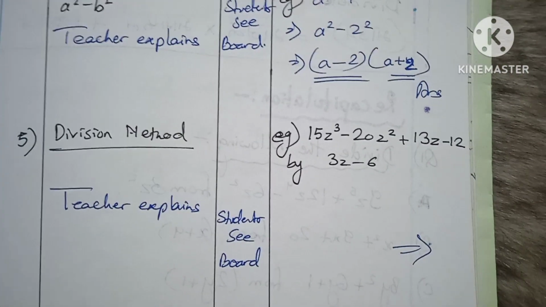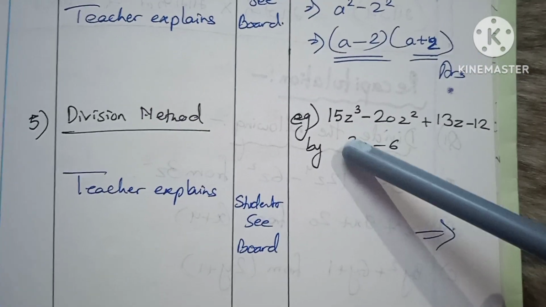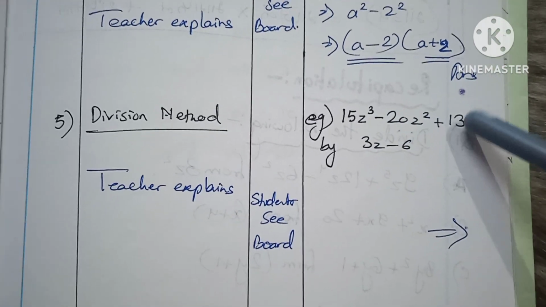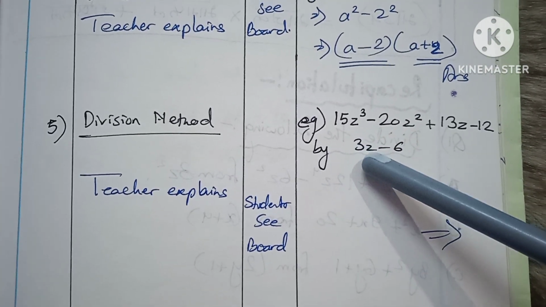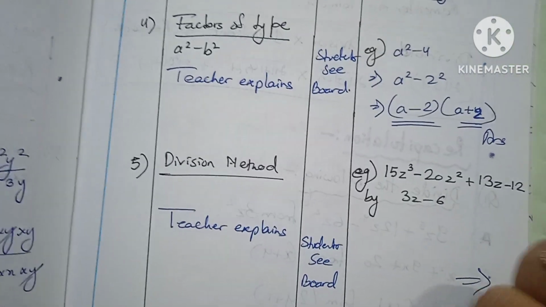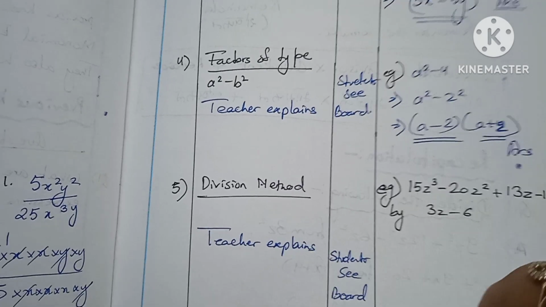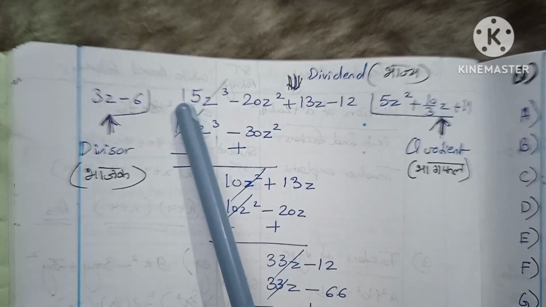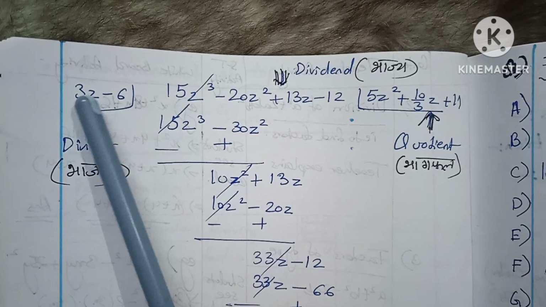Last of all is the division method. Here we have a question which is 15z cube minus 20z square plus 13z minus 12. This has to be divided by 3z minus 6. The method to divide is: the first term is 15z cube, and the first term of the divisor is 3z.